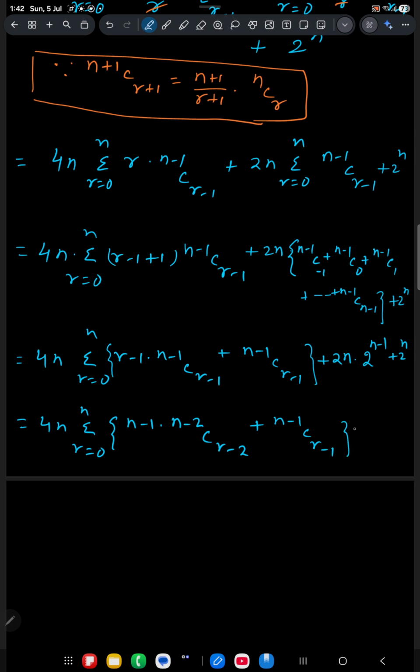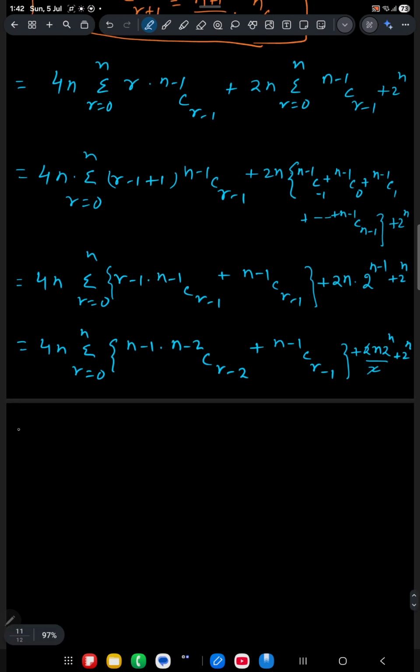And here, 2n into 2 to the power n upon 2, plus 2 to the power n. So this 2 will get cancelled, because 2 raised to the power n-1 can be written as 2 raised to the power n upon 2.